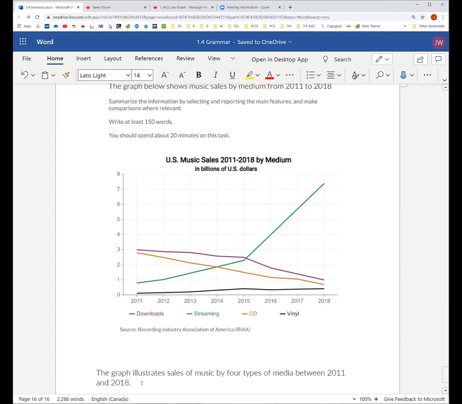Still, we can add in America. In America. And maybe the unit measures. Billions. In billions of dollars.